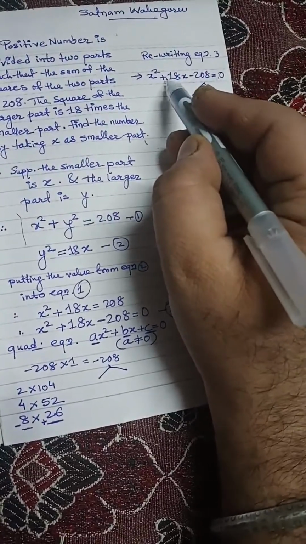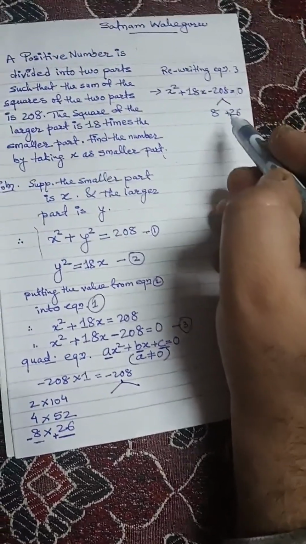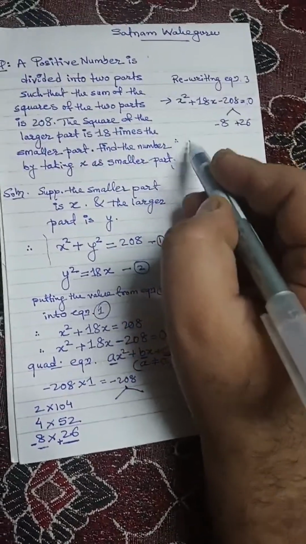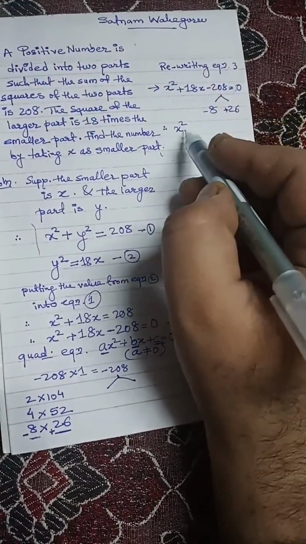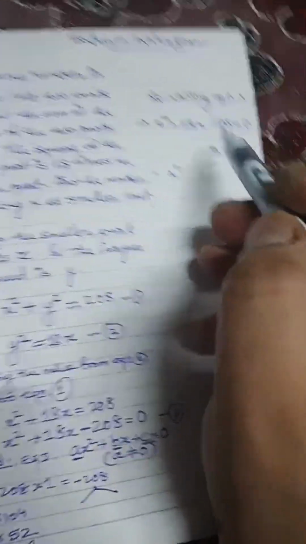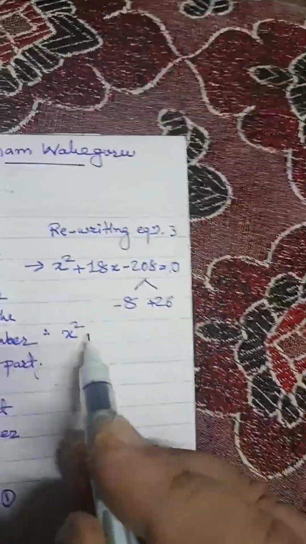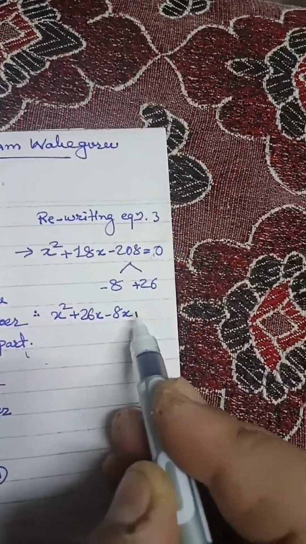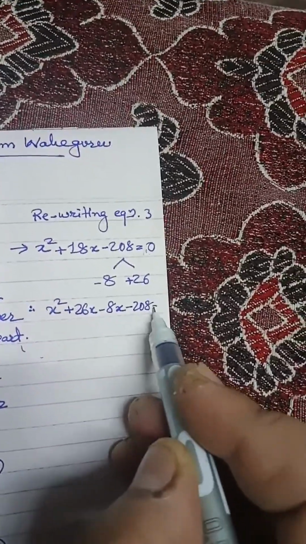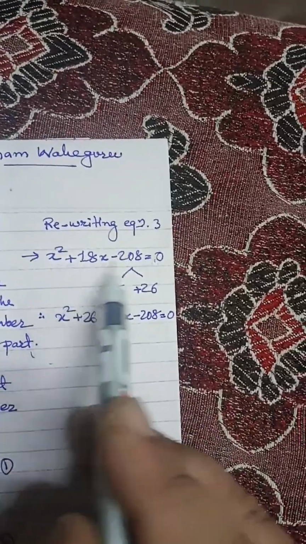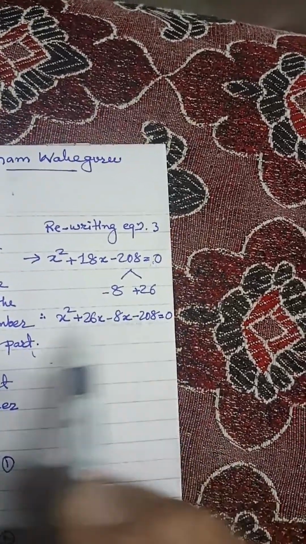We need positive 18, so 26 would be positive and 8 would be negative. Therefore x square, instead of writing plus 18x, we can write plus 26x minus 8x minus 208 equals 0. Now from this three-term equation, we have arrived at a four-term equation.